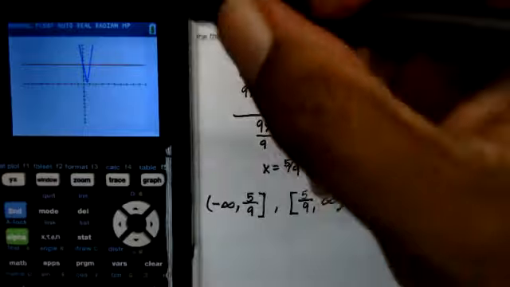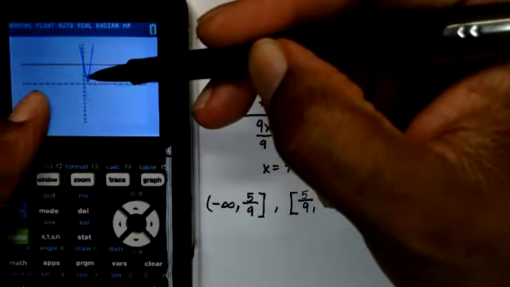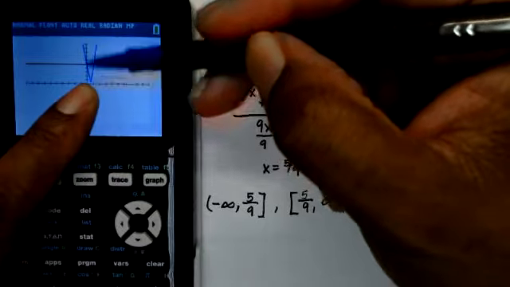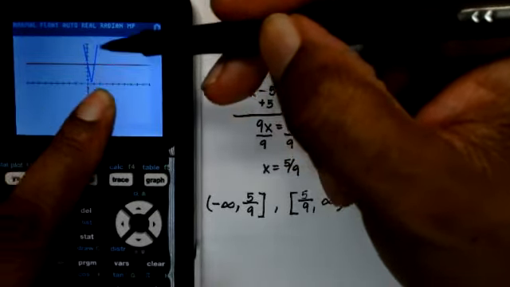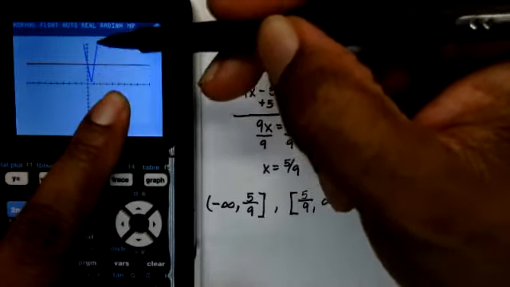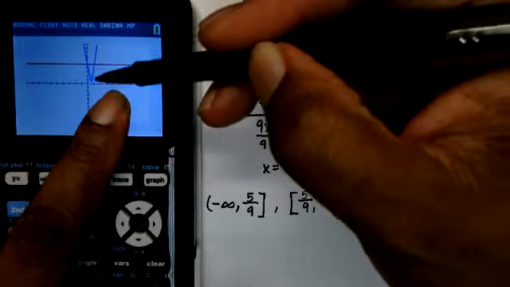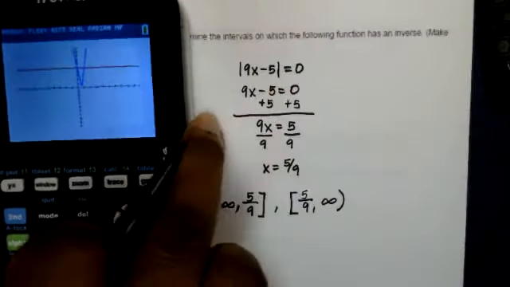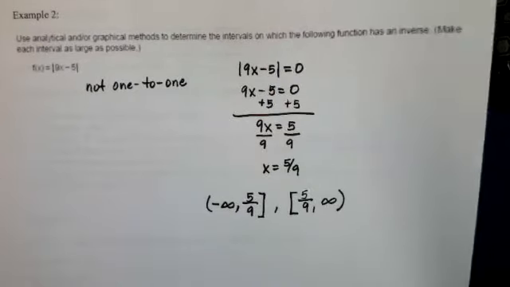Okay, so only this part here from negative infinity up to 5/9 would give us an inverse function. But then from 5/9 on, if we only consider this part of the V-shaped graph, you would have an inverse function. Okay. All right, example 3.